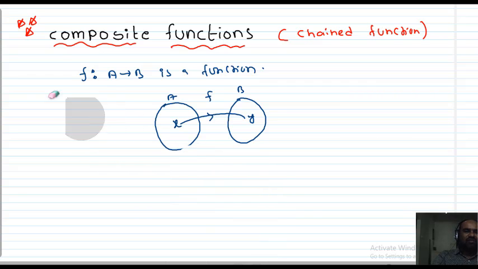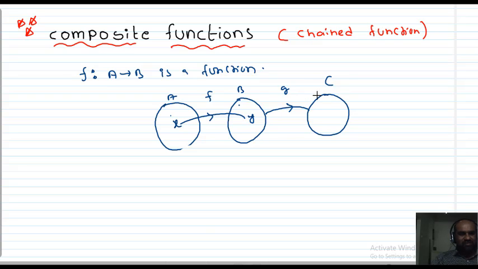I will write here just C, and I will write like this, G. F is a function from A to B, G is a function from B to C.